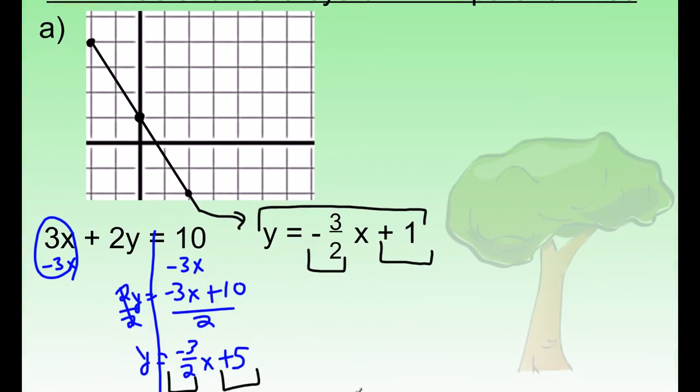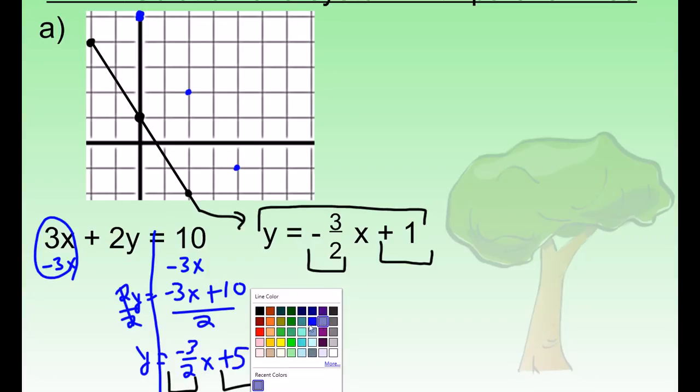The other equation, the one in blue, is y equals negative 3 over 2x plus 5. So I need an intercept of 5: 1, 2, 3, 4, 5. Okay, here it is. And then the slope is the same, negative 3 over 2. So I'm going to go down 3 over 2. Down 3 over 2, and blue line this time.